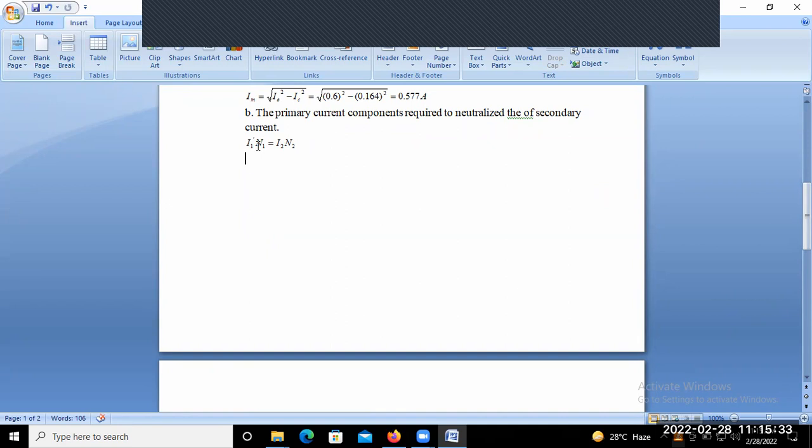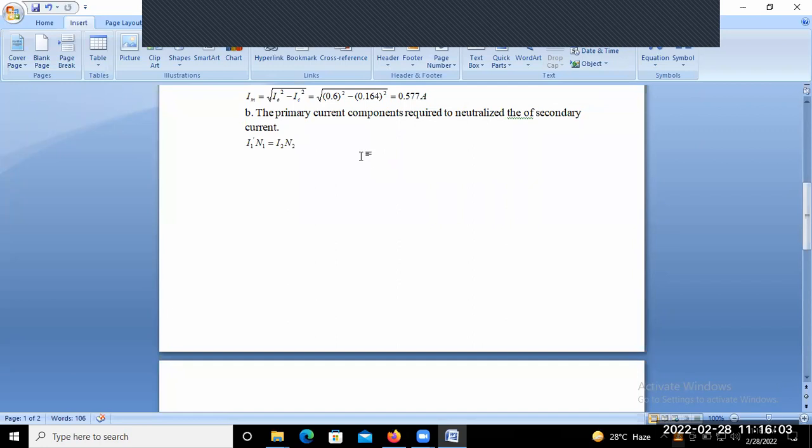So I1 dash equal to N2 by N1 into I2. As you know, the voltage is directly proportional to the number of turns. That means V2 by V1 equal to N2 by N1, so in place of N2 by N1 you can put the value of V2 by V1. What is the value of V2 here? 220, sir.